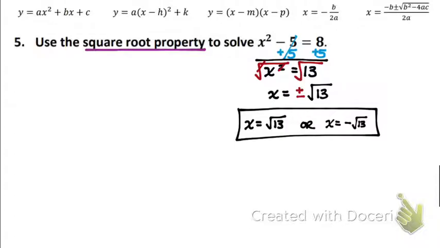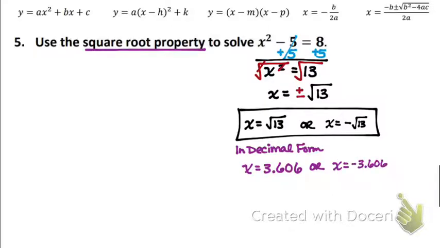So when we put this in decimal form, I get x equals 3.606 when I round it, or x is equal to negative 3.606. Are you okay with the square root form? If you are doing it for me on the test and it does not say write your answer as a decimal, I'm okay with what I put inside that black box.